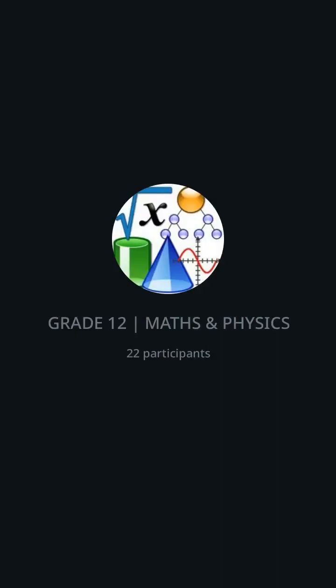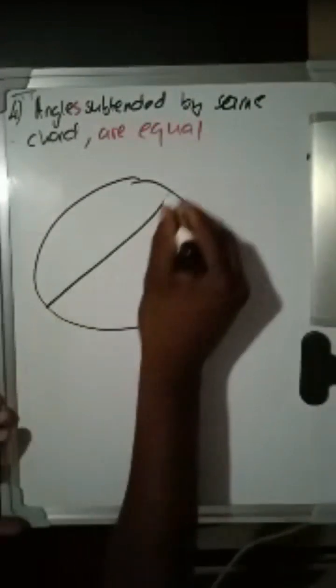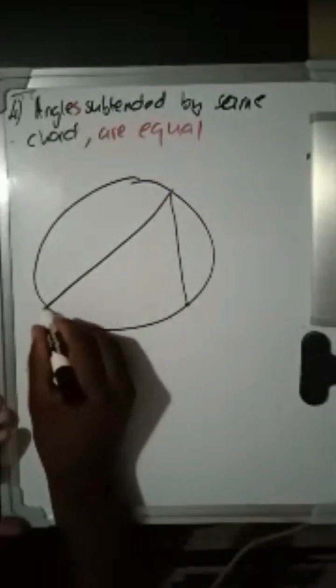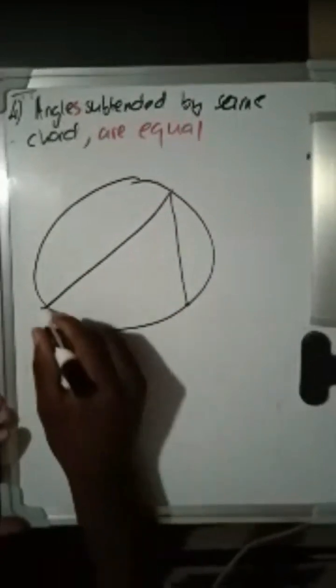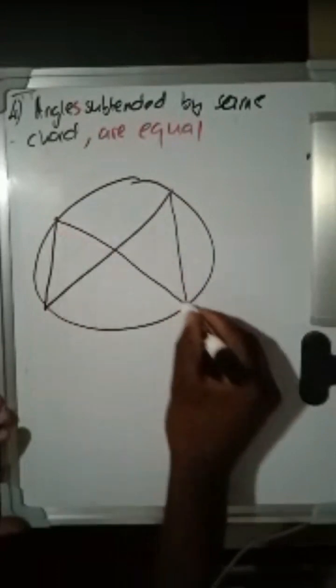This one is also called angles in the same segment. What do we mean by that? If we have a chord or the same arc, this is an arc from here to there, subtending two angles like that.